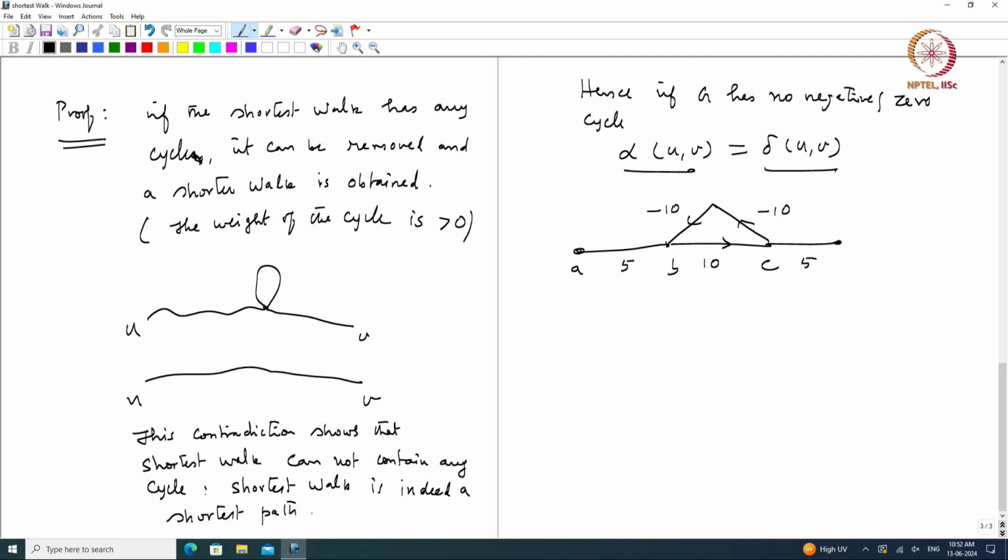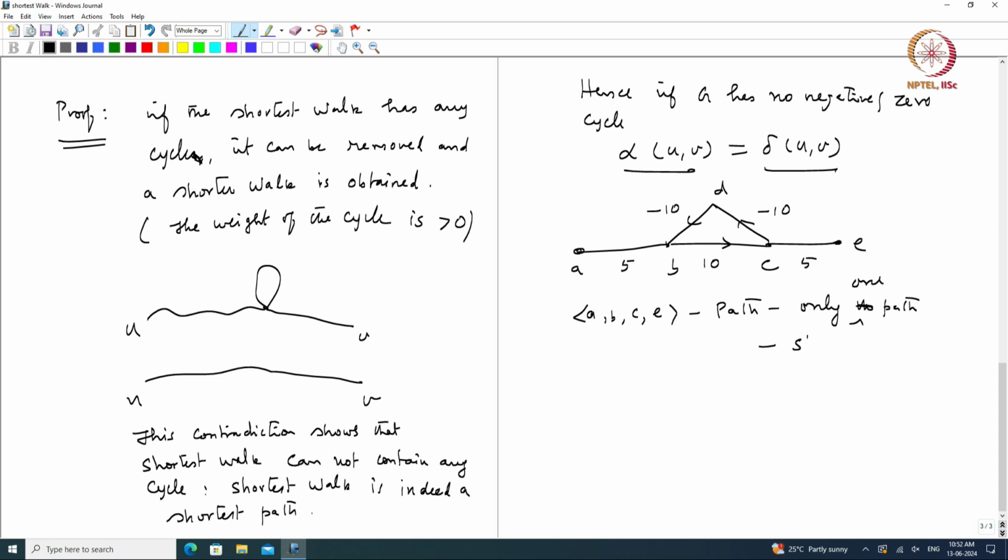The example we have seen already. There is only one path from A to E: A, B, C, D, E. That path is A to B to C to E. This is the only path.